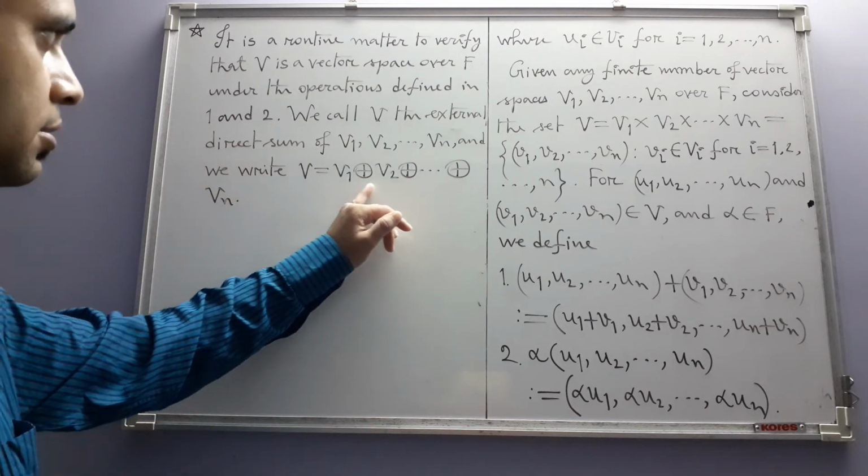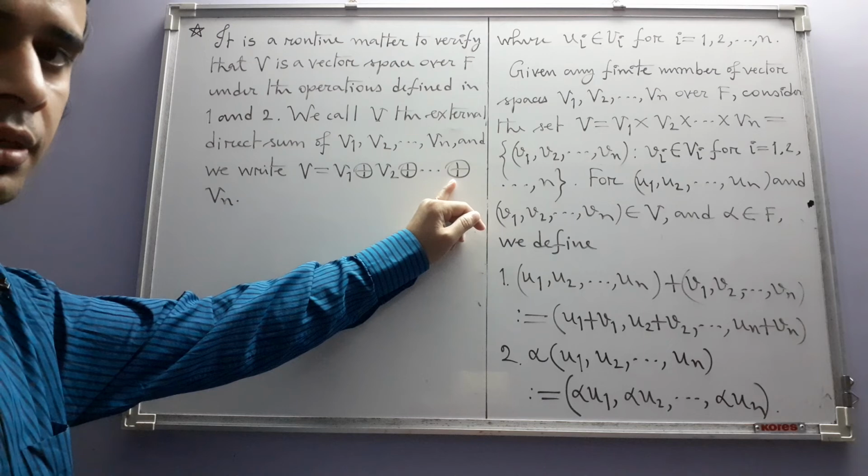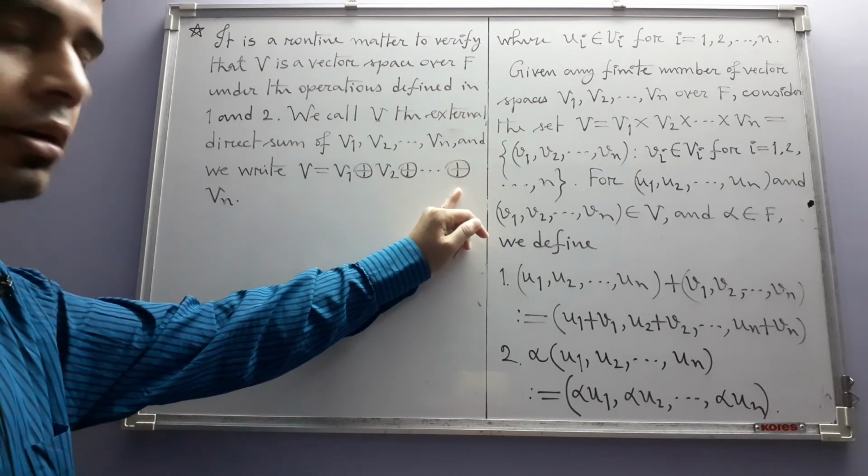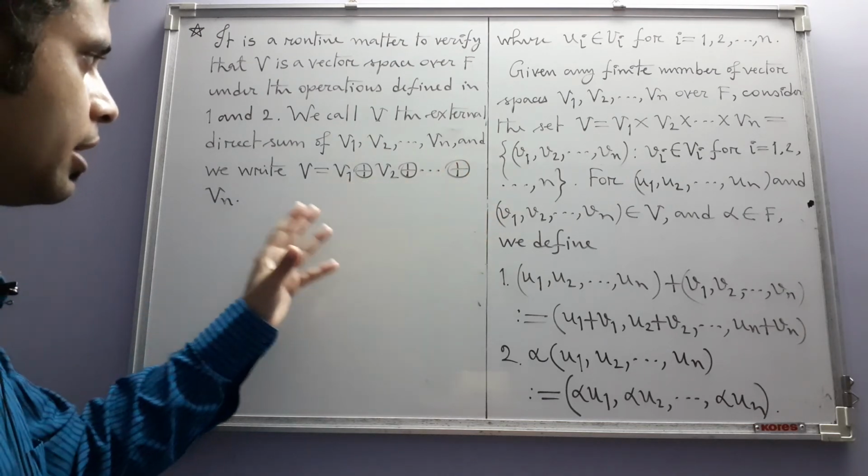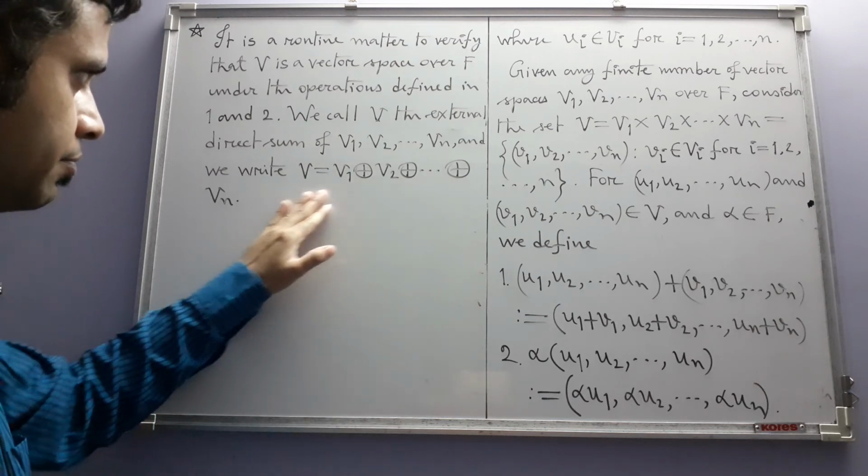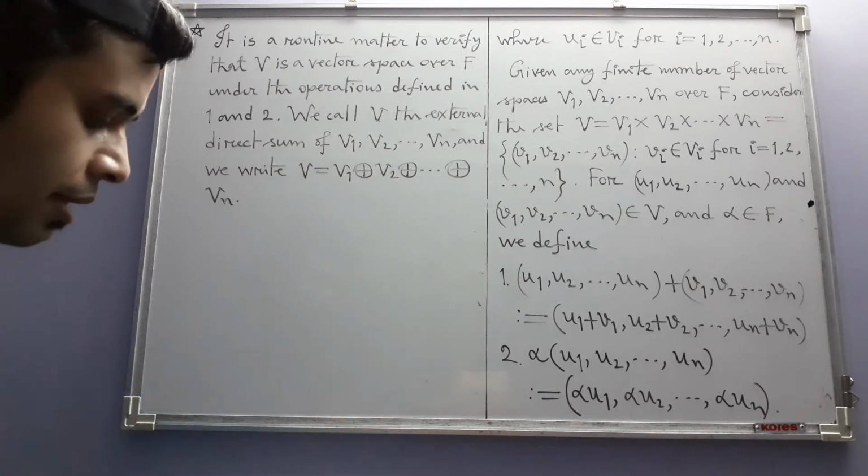When you see these circled classes, then you should understand that it's an external direct sum.